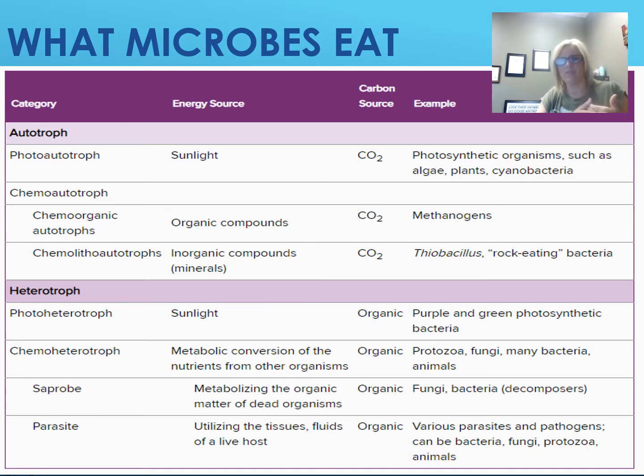Lithoautotroph, think of lithosphere, meaning the earth substance, relies completely on inorganic minerals and does not require any sunlight or organic nutrients at all. So we have two types of chemoautotrophs here. We've got the chemoorganic autotroph, and that's going to use organic compounds for the energy source and inorganic compounds for carbon.